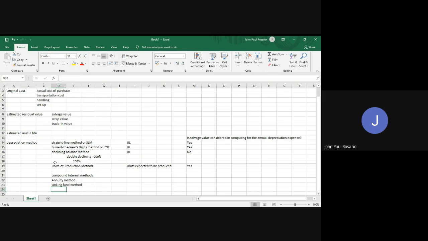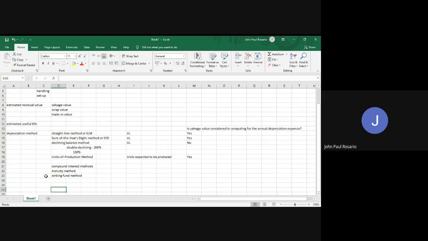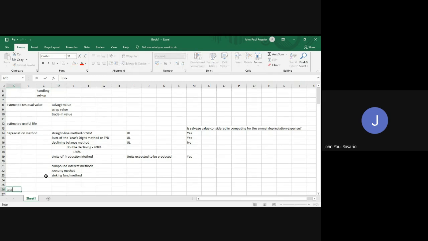Aside from the four methods that I have told you, we also have what we call the total depreciable value, which is calculated by subtracting the salvage value from the total cost.